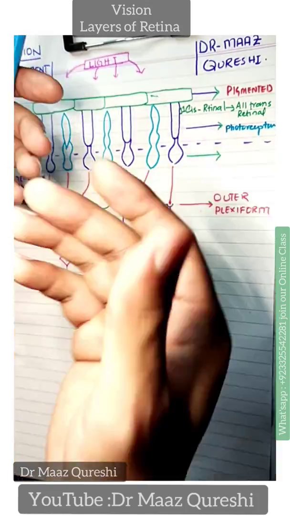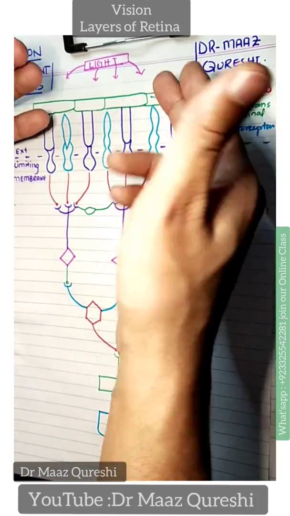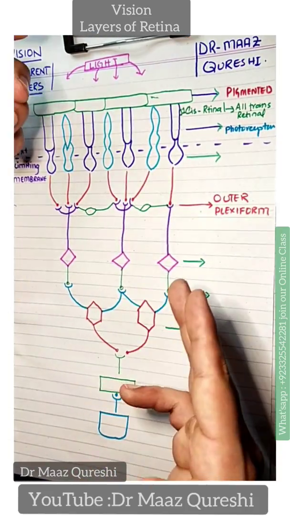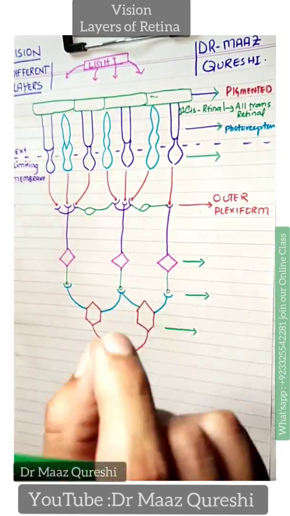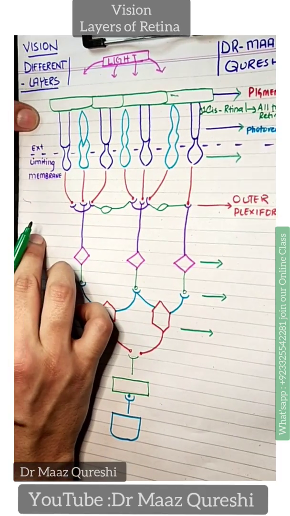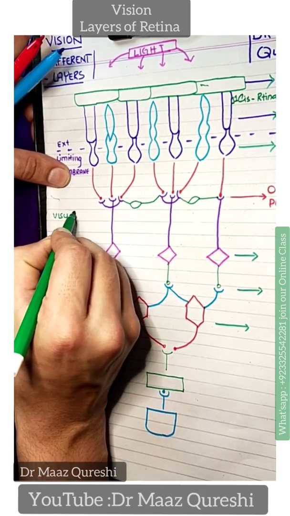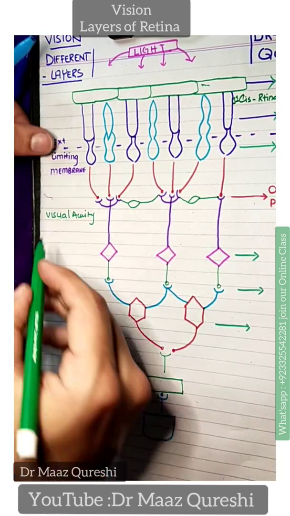Then we have the nuclear layer, of course, that would convey the nerve impulses and would synapse on the bipolar cells. Okay, here's a tip you need to remember: why are cones very good in visual acuity? Why does cone have a very good visual acuity?